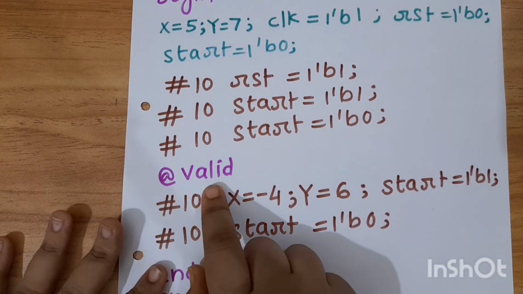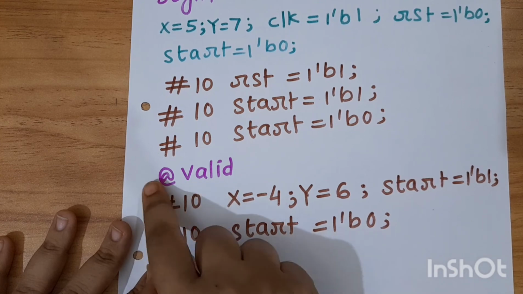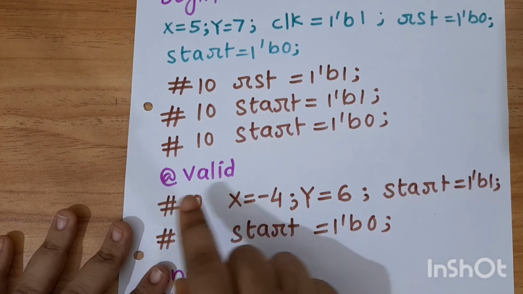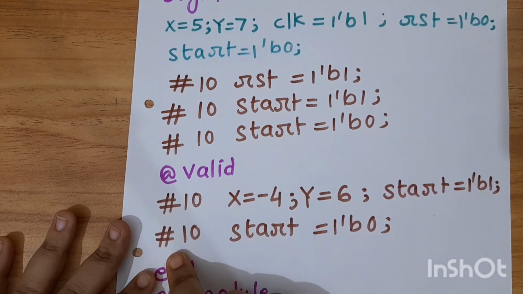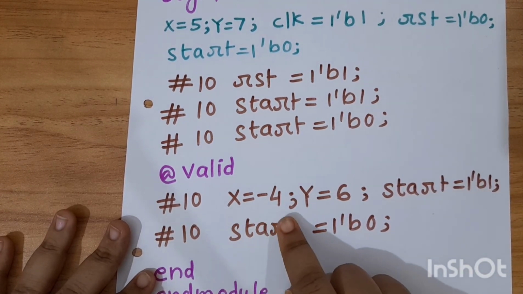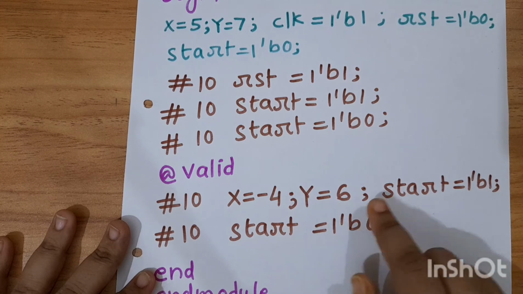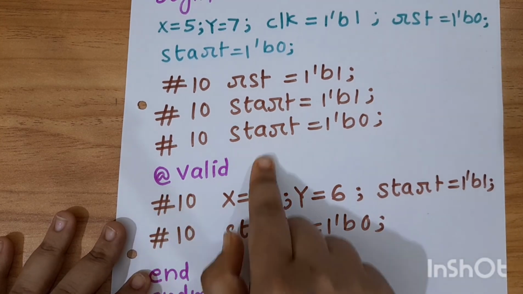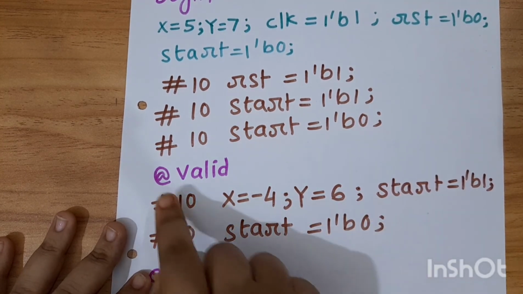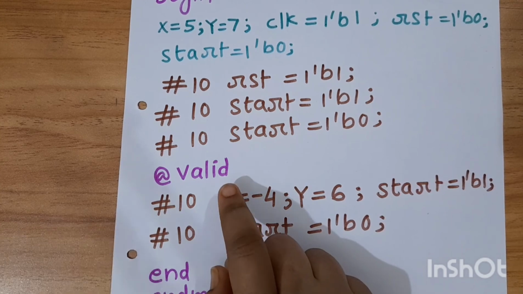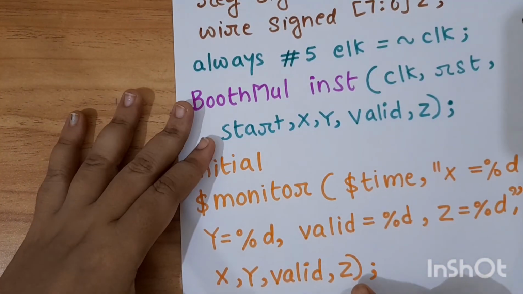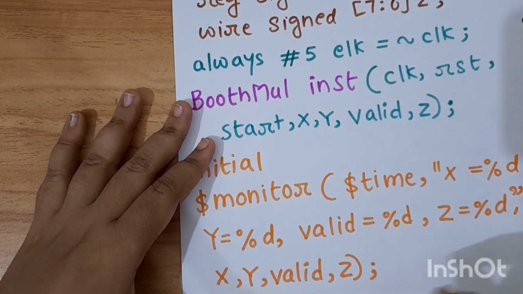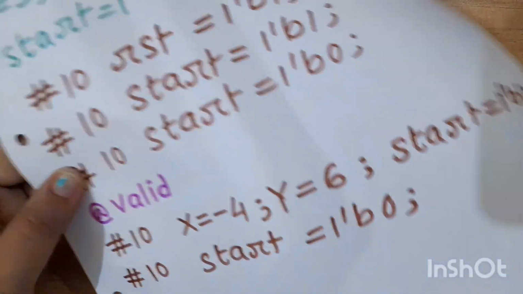Okay. And when the valid is 1, we have made it as event. When the valid is 1, these two statements would be executed: #10 X equal to -4 semicolon, Y is equal to 6. Means at valid what will happen? We will get the Z value, and that Z value would be actually displayed and the $monitor will be called.